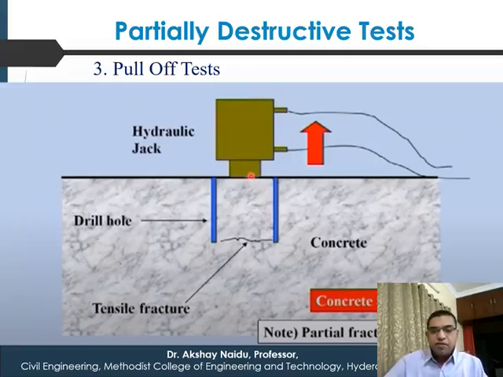Now this bond becomes very strong, much stronger than the concrete bonding. Now with a hydraulic jack, this arrangement is pulled out. When it is pulling off like this, naturally a direct tensile stress is developed and a tensile fracture takes place.